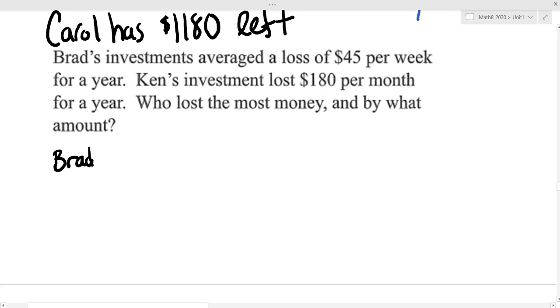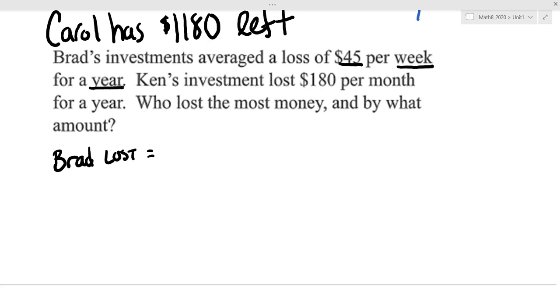So Brad lost how much money? How do we calculate how much money Brad lost? He lost money every week for the entire year. So how many weeks are there in a year? You guys know that? Somebody said it. 52.